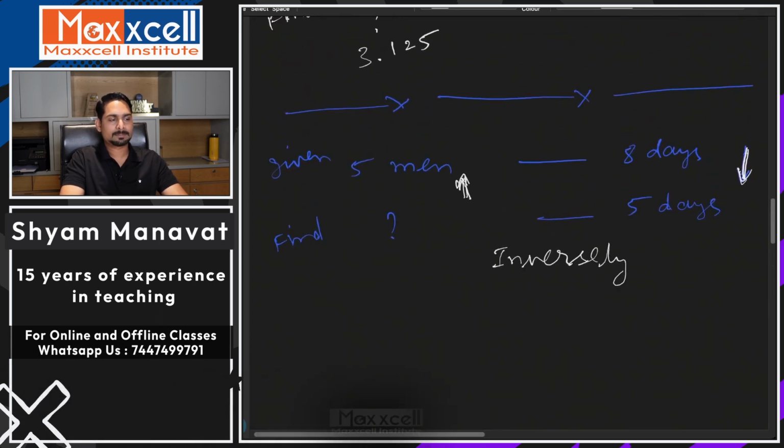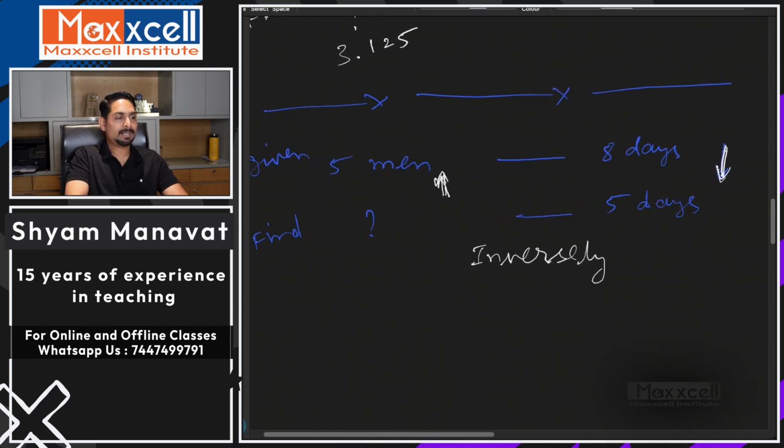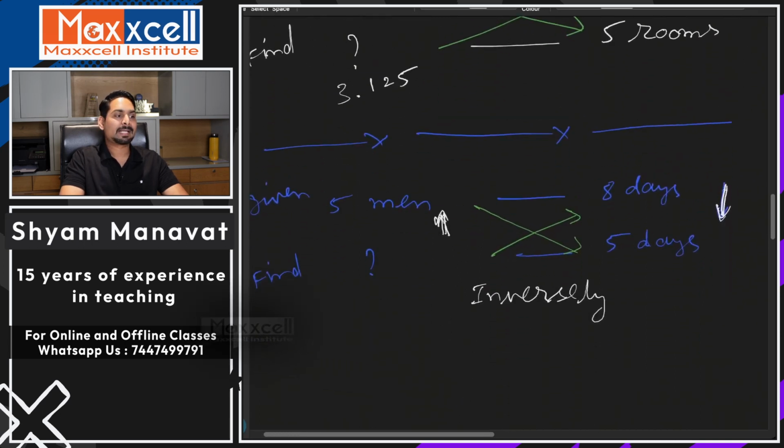All right. Now in inversely proportional, am I allowed to cross multiply? Think about it. When we use cross multiplication in directly proportional, can we use the same cross multiplication of the chain rule in inversely proportional also? The answer is no. You are going to get the wrong answer.